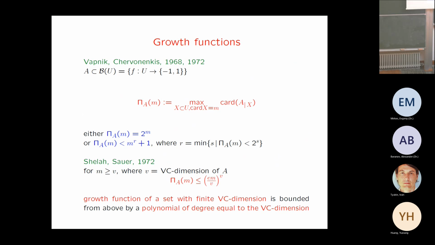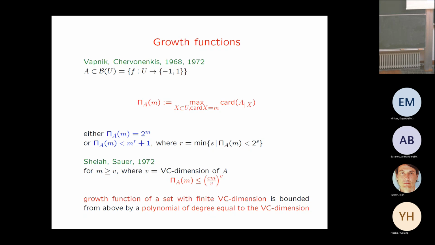But more generally, if you have a family of functions which take values -1, plus 1 on some set U, then the growth function is defined by considering all m-point subsets of U and looking at the cardinality of the set of functions that this family A generates on these m-point sets. So you see, this is basically very similar.